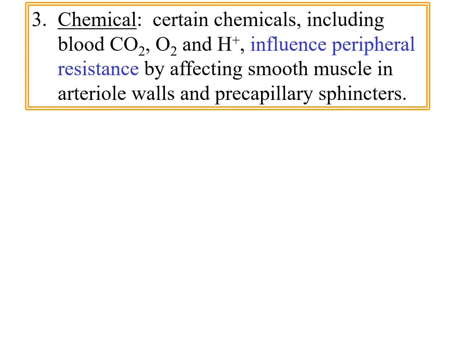Now, this is specifically talking about how these 3 chemicals are going to impact peripheral resistance by influencing the smooth muscle, specifically in the walls of arterioles and precapillary sphincters. We talked about these precapillary sphincters in the previous voiceover. These were individual smooth muscle fibers that wrapped around the arterioles just before you got to the capillary.